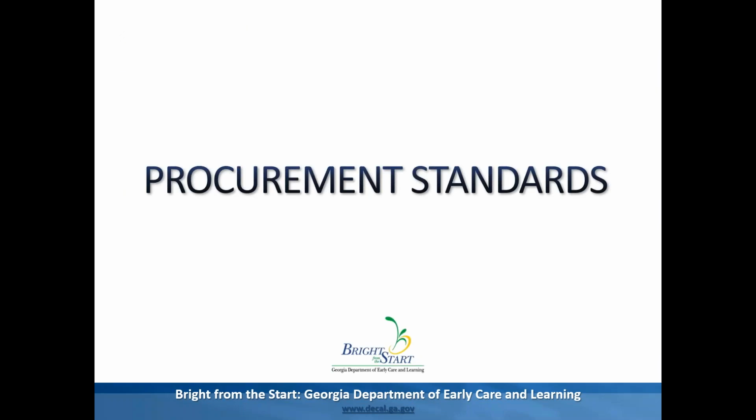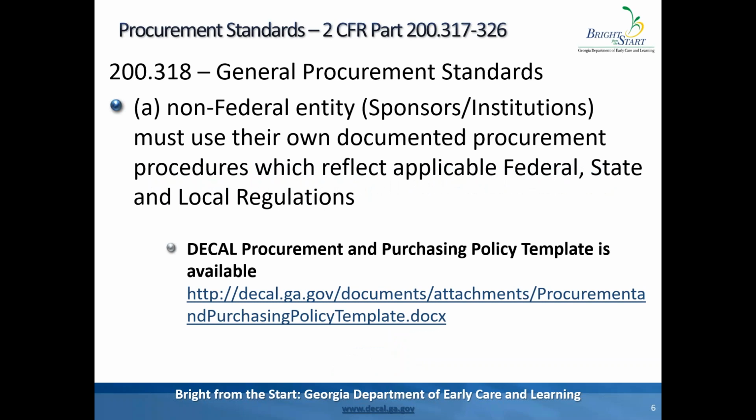Procurement standards. Our procurement standards can be found in 2 CFR, Part 200, 317 through 326. For the sake of this Procurement Masterclass, we will be beginning at Part 200.318, which states a non-federal entity, which is yourself, the sponsor institution, must use their own documented procurement procedures which reflect applicable federal, state, and local regulations.